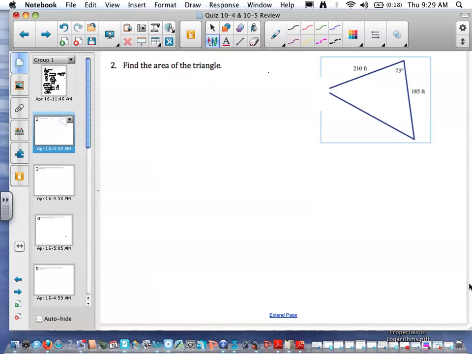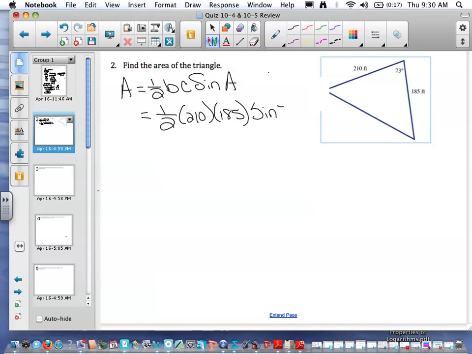The next problem asks you to find the area of the triangle. So again, I'm going to look at that formula. The area is equal to 1/2 B times C times sine of angle A. It doesn't matter if you call 210 B or if you call 185 B. They're multiplied, and multiplication is commutative, so that will not change your answer.